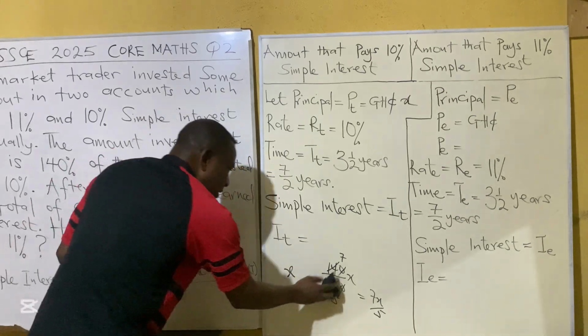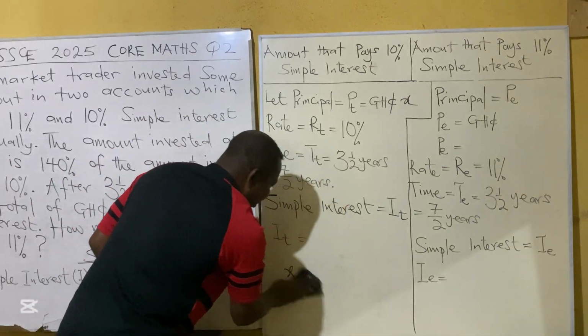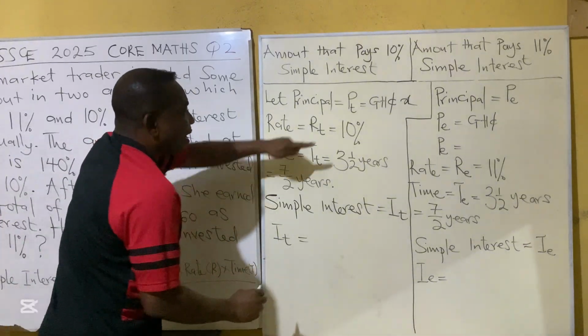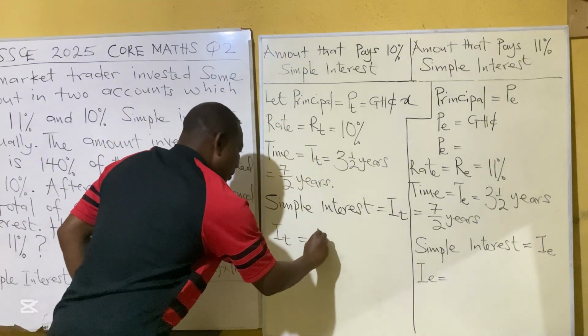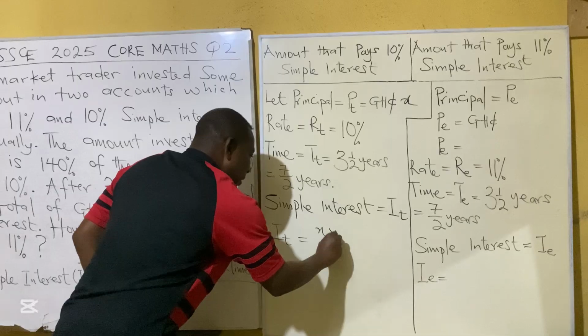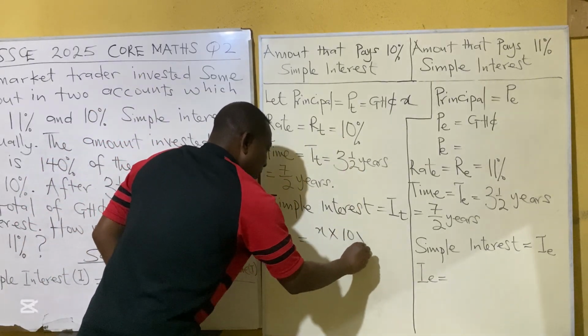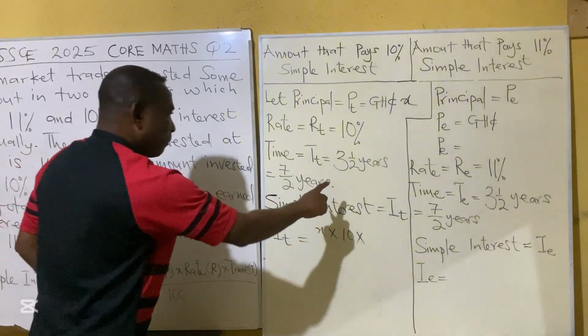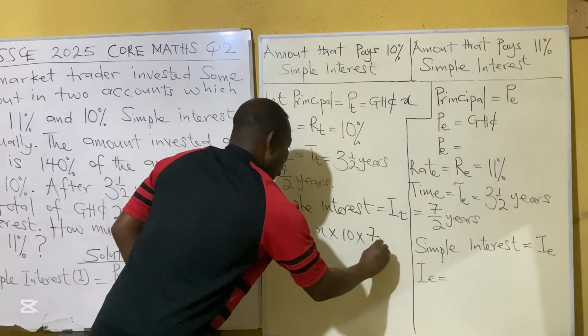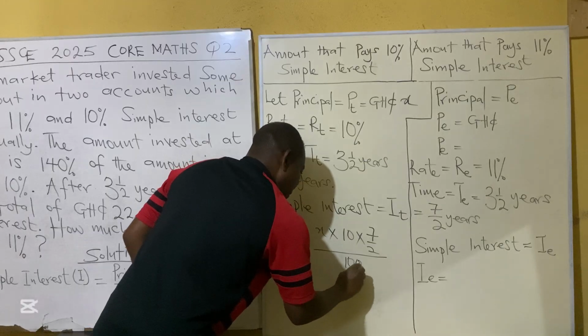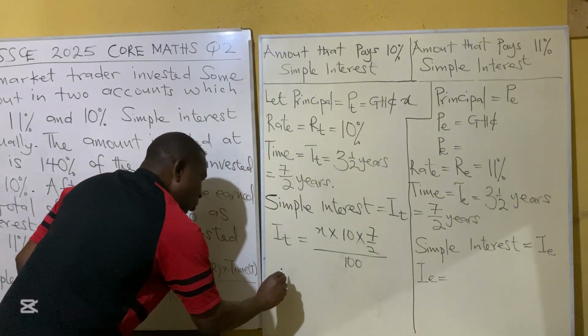Now, let's calculate the simple interest here. The simple interest is the principal, x, times the rate, 10, times the time, 7 over 2, all over 100.